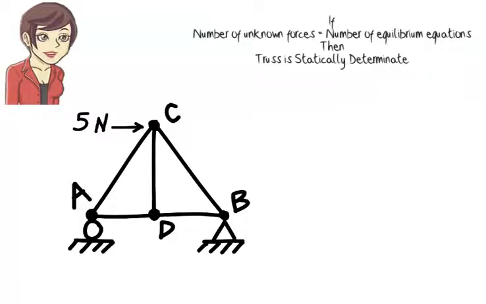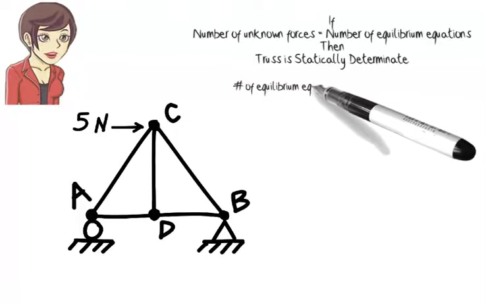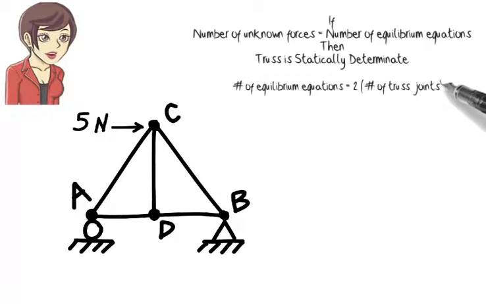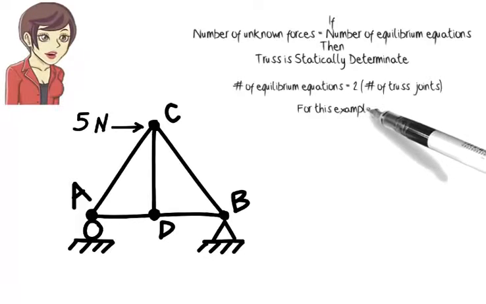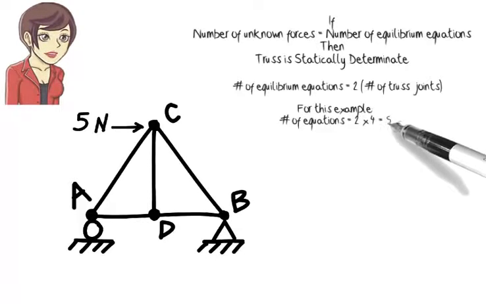So, how many equilibrium equations can be written for a truss structure? The total number of equilibrium equations equals 2 times the number of joints in the structure. So, if the truss has 4 joints, we can write 8 equilibrium equations for it.